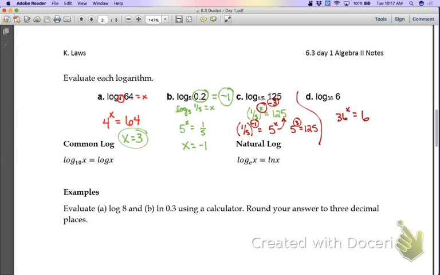No, so 36 to what power is going to give me 6? 36 to the 1/2 power, or the square root of 36, gives me 6. If your value gets smaller, but it's still above 1, it's most likely going to be taken to a fraction as your power.